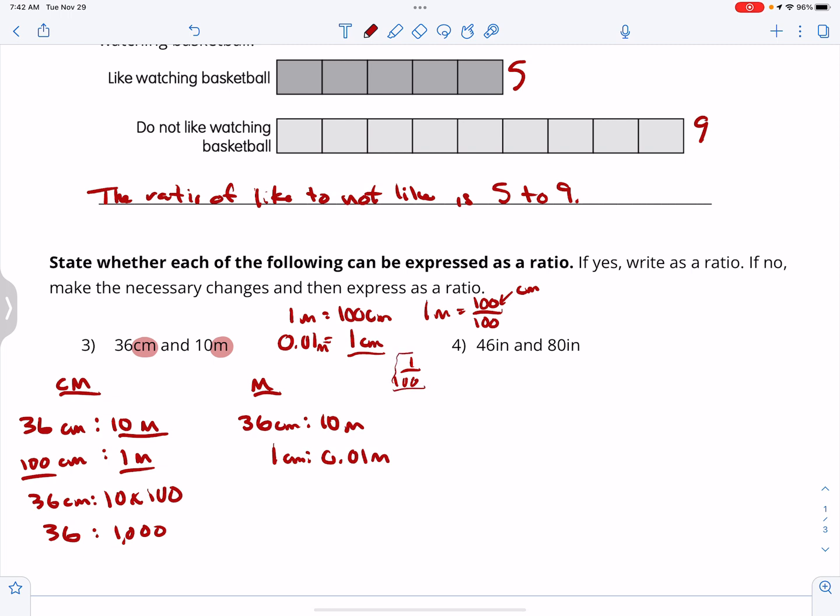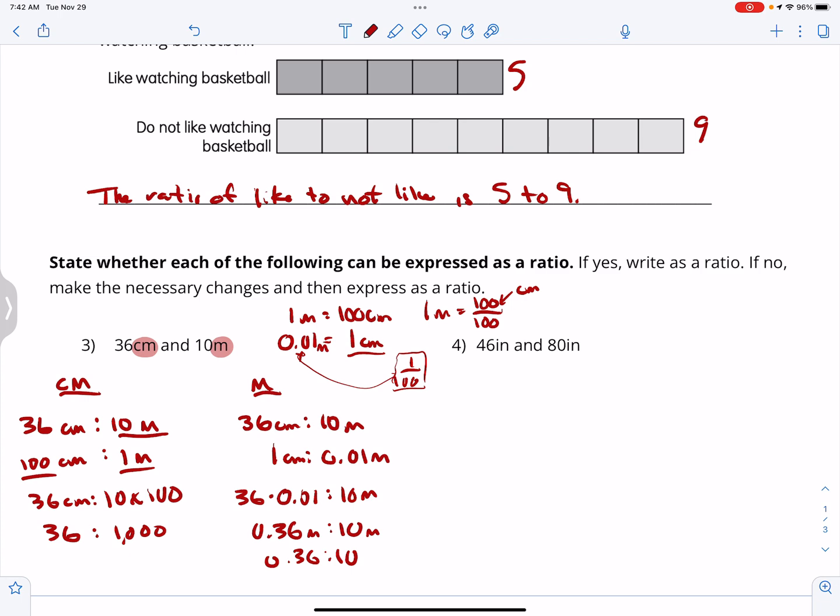So we have 1/100th as a decimal like that. So here we go. That means 36 times 1/100th is 36 hundredths of a meter to 10 meters, or 36 to 10.